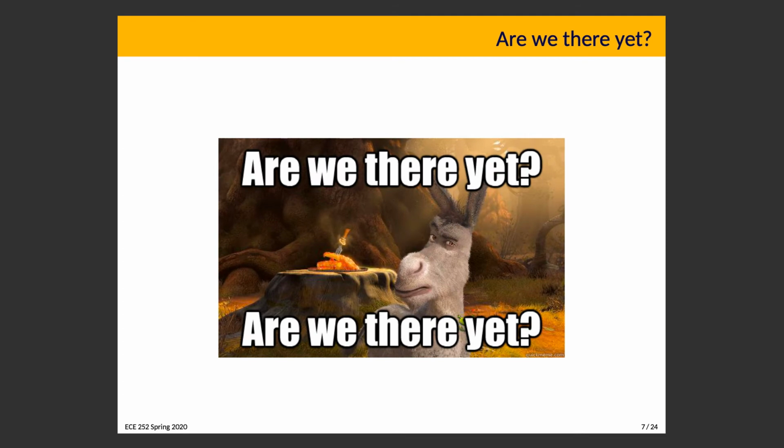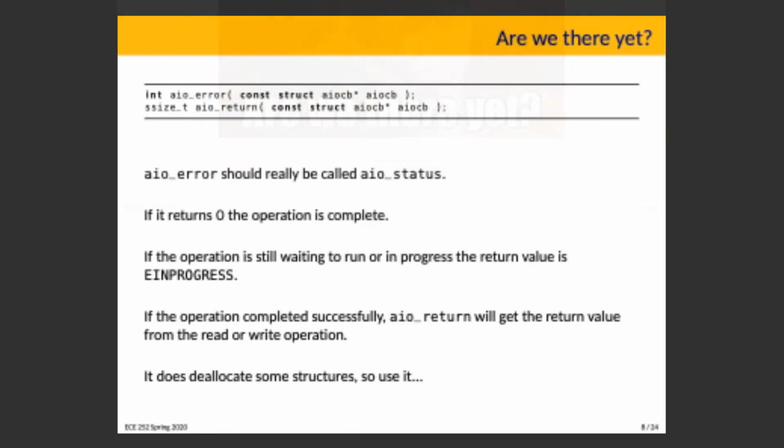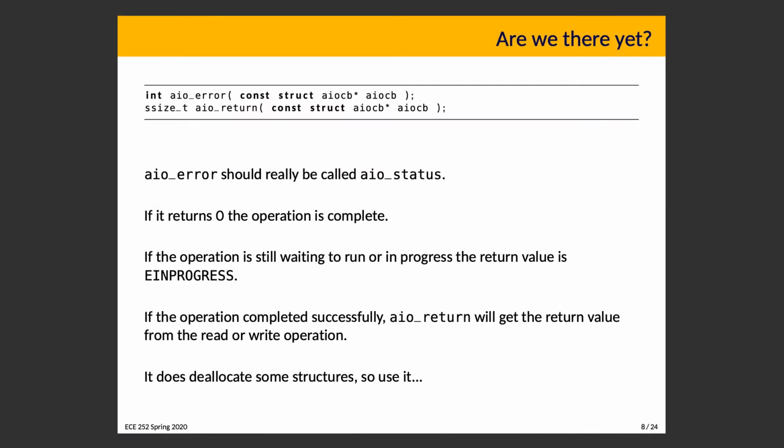All right, are we there yet? I mean, we could, of course, set up a signal or a thread or something that tells us when we're done, but it's not the only way. We can also check whether or not the operation is finished. And there are two options, the AIO error and AIO return functions. So AIO error, I think, really should be called AIO status, because it also tells you if everything is fine, not just, in case of error, this function runs.